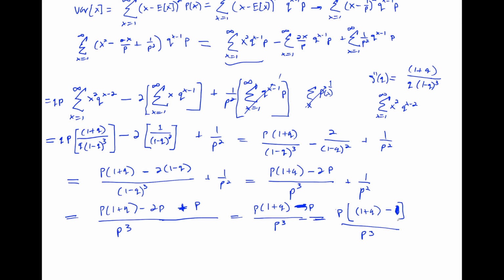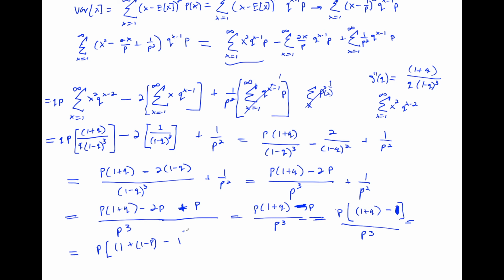All right, so now that's equal to, let me start down here, p times q is 1 minus p, 1 plus 1 minus p, that's our q, minus 1.